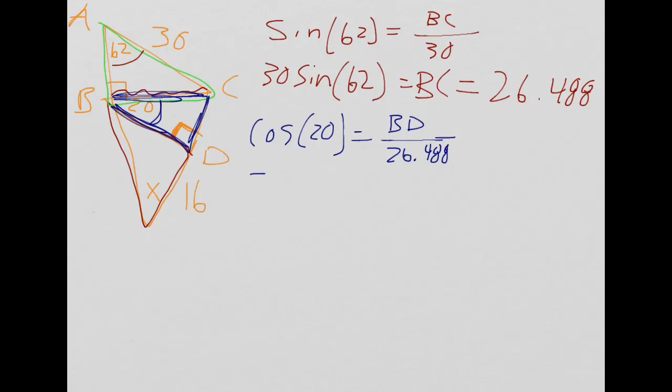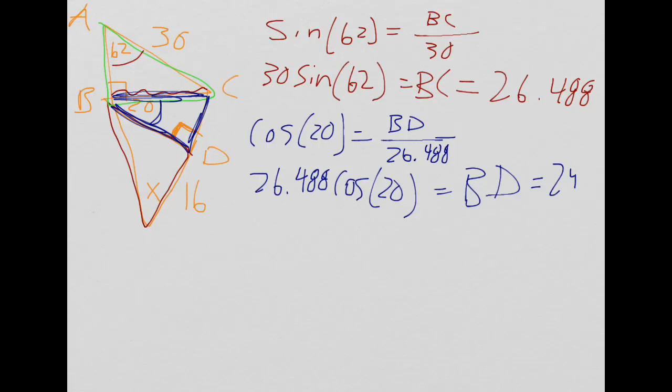So just like before, multiply on both sides: 26.488 times the cosine of 20, and that should equal BD. Plug it into your calculator, and you should find that side BD is equal to roughly 24.89. Now we are almost done, not quite, but really super close.